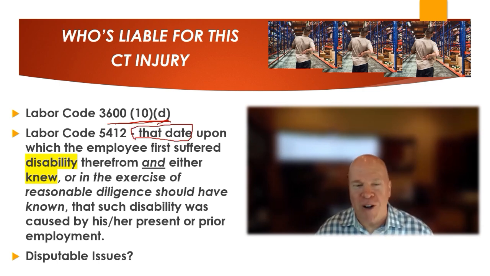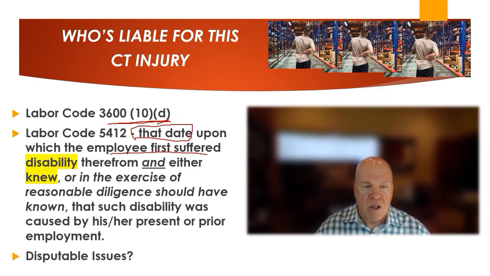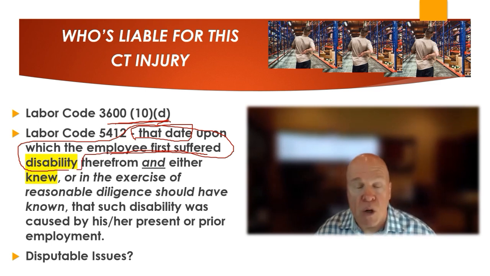There's your first source of great dispute over these types of claims. How about the date that the employee first suffered disability? This whole thing is a subject of great and many disputes, and many arguments arise over the date of first disability.